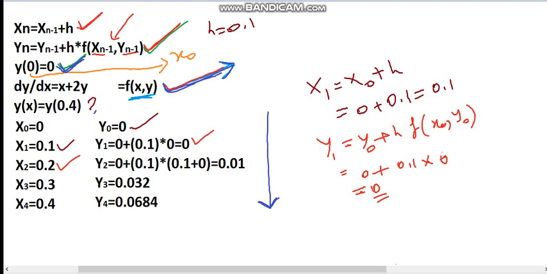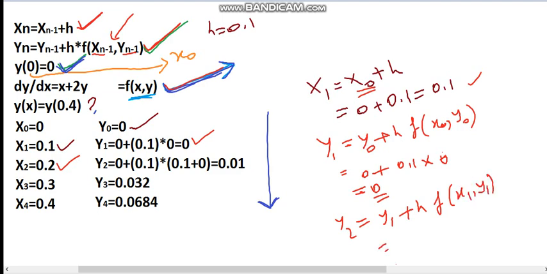In that time you have to give here x1 plus h, and you will be getting 0.2 as your x2 value, and then we have to calculate what is the y2 value, and y2 will be given by the equation, that is y1, that you have already given here. So y n minus 1, which will be y1, plus h into f of x1 comma y1.